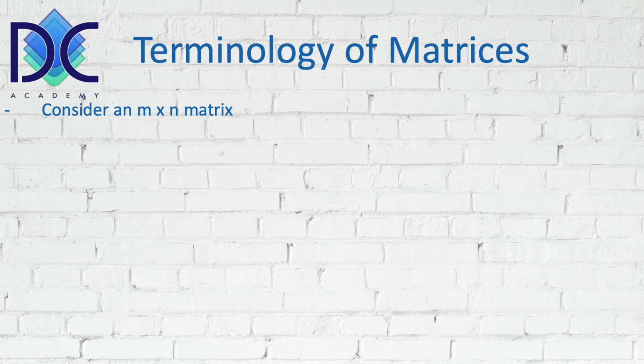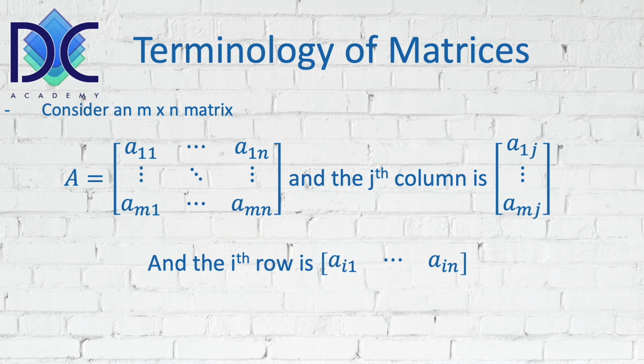Now we can also describe some more terminology related to matrices. Let's consider an m times n matrix. So we have A, which has m rows and n columns. We can define the jth column, which is given by a1j up to amj. For example, when j would be the third column, we would have here a13 up to am3.